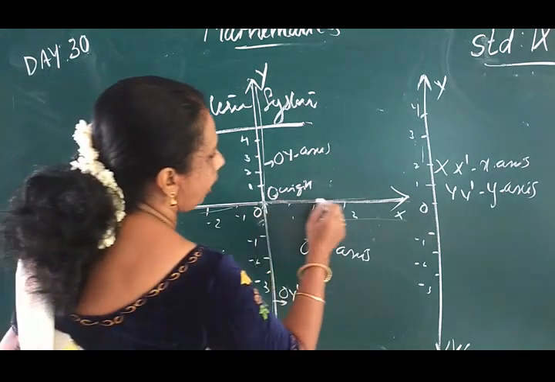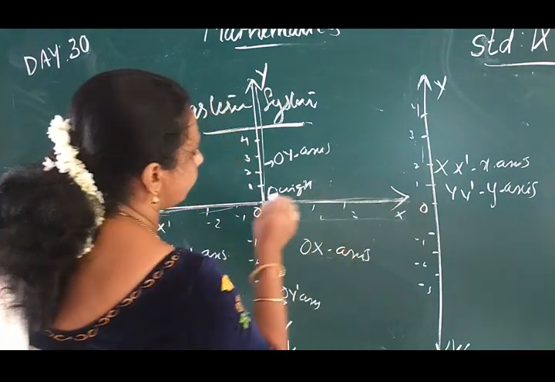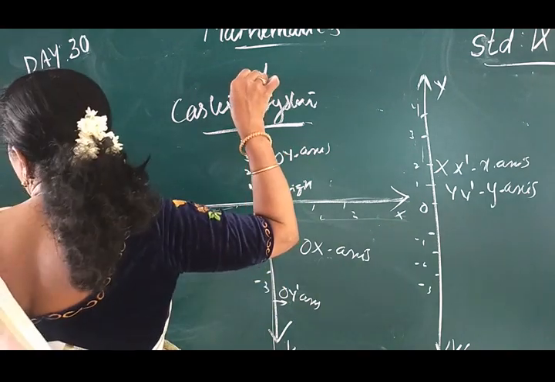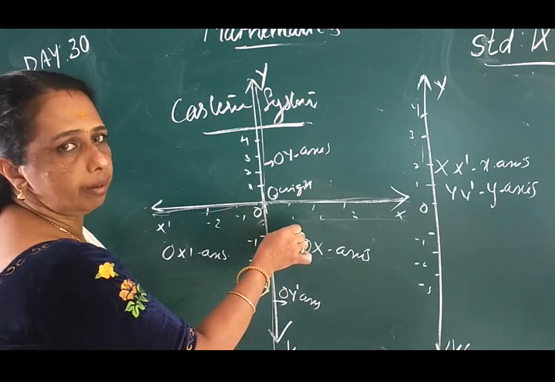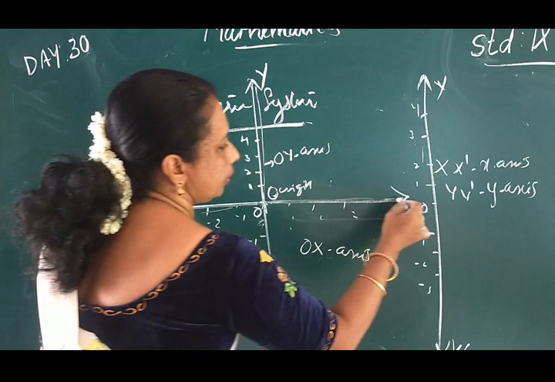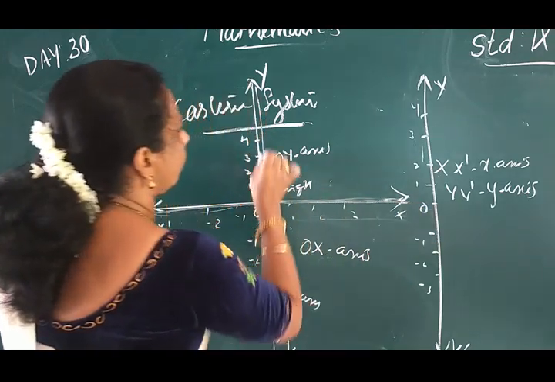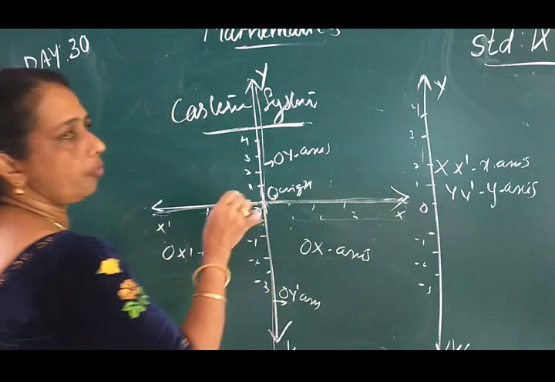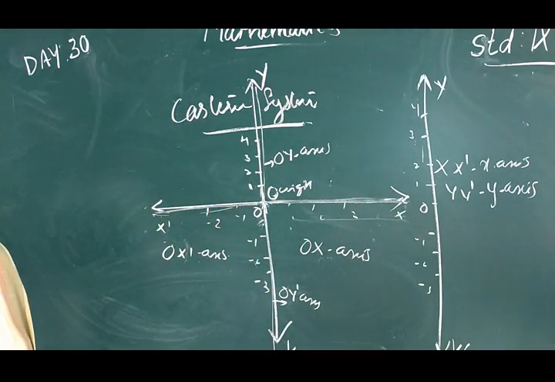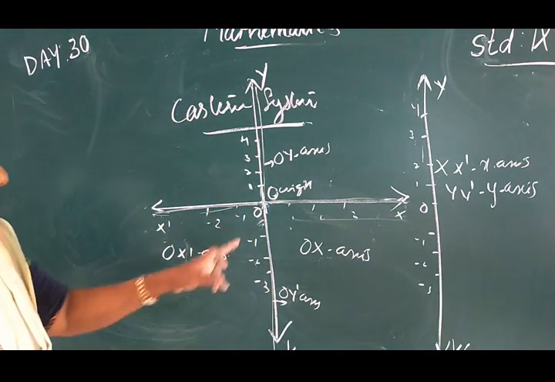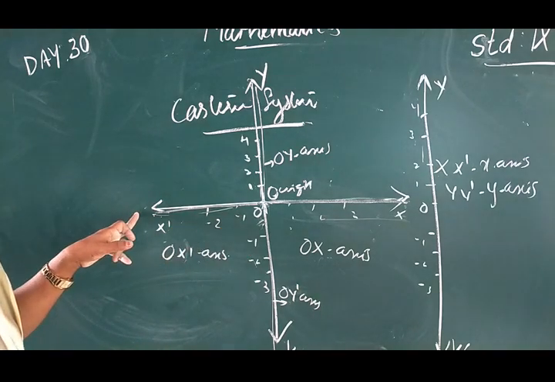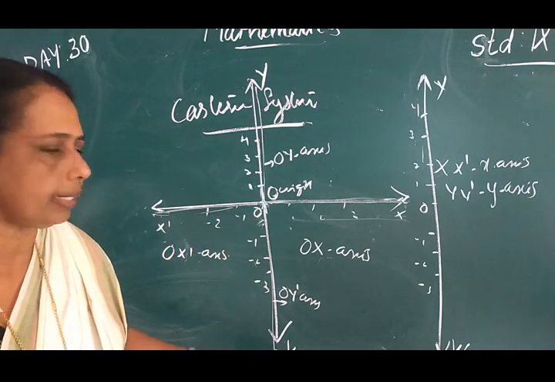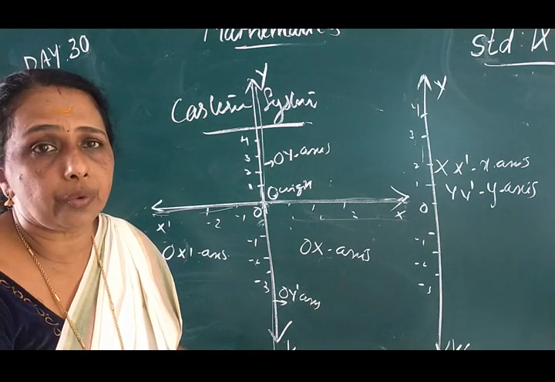The OX axis and the OY axis are positive axes, because here all numbers are positive. Next, the OX dash axis and the OY dash axis are negative axes.